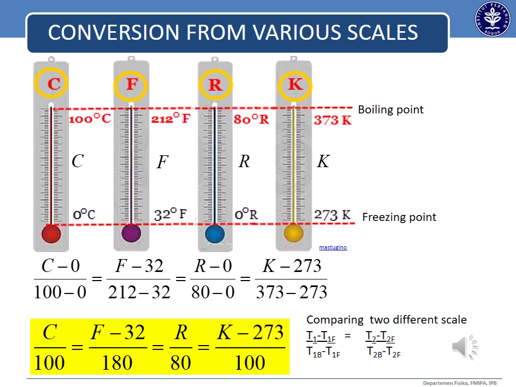So you can see in the yellow box here, C divided by 100 equals F minus 32 divided by 180.